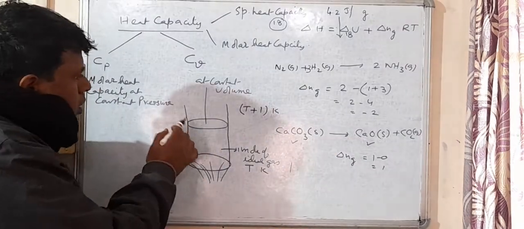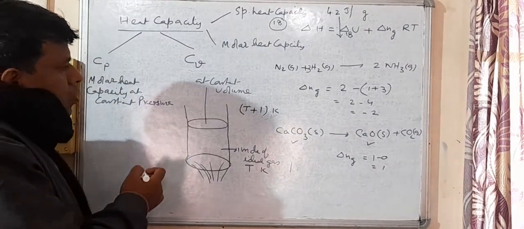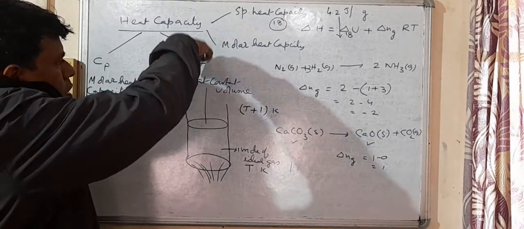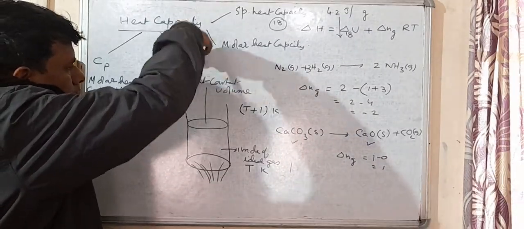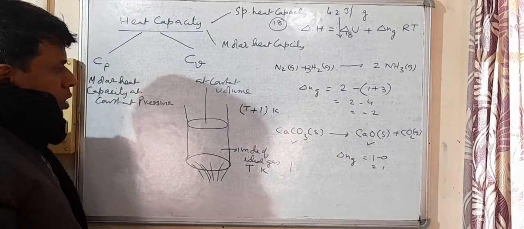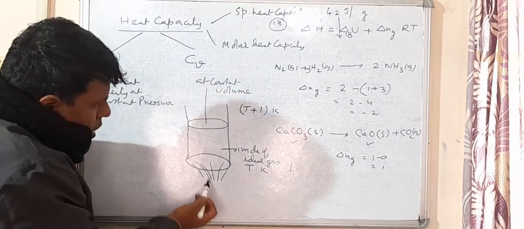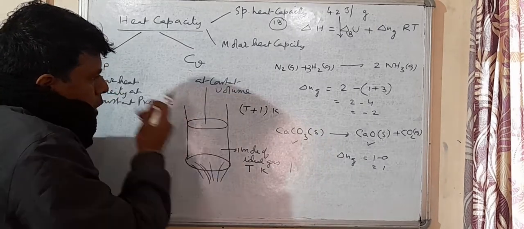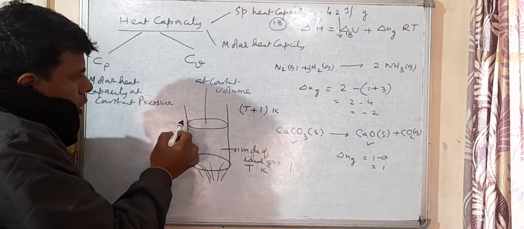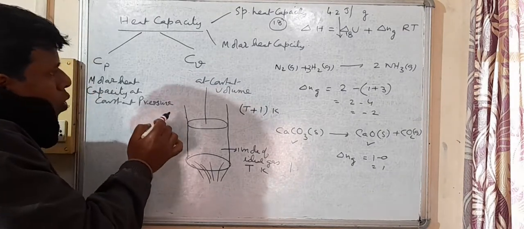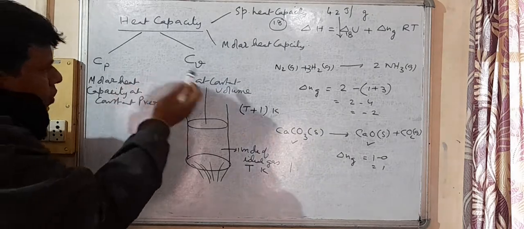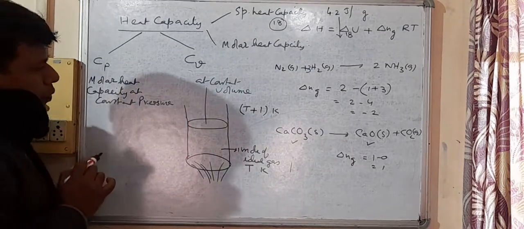On the other hand, if this process is carried out at constant pressure, suppose atmospheric pressure outside, that is constant, then when we supply heat to change the temperature from T to T plus 1, the heat required now will be different, and it is called Cp.